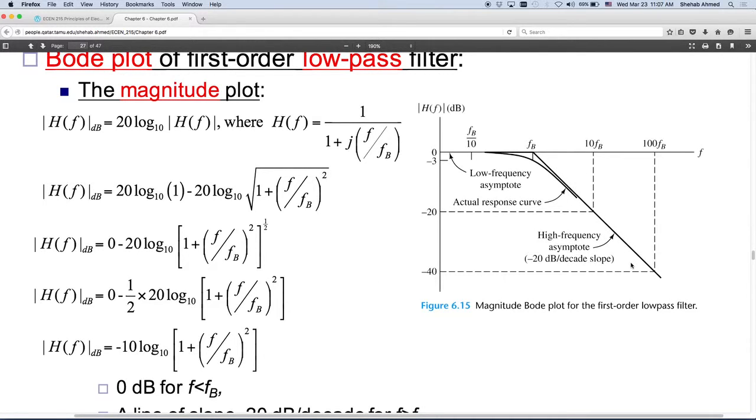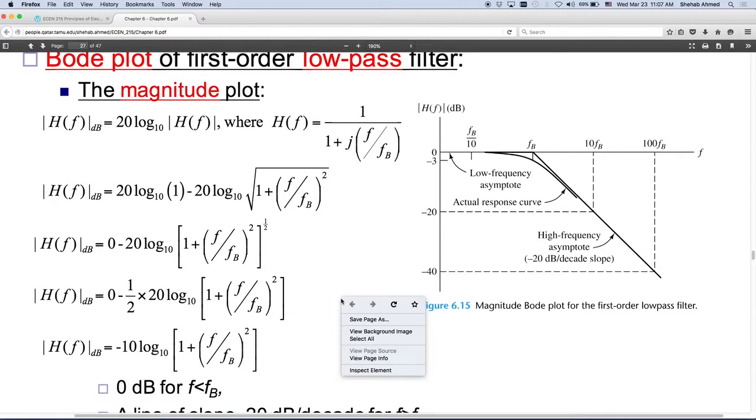And if you keep adding numbers linearly, but then you put them on a logarithmic scale, you will see that they will just maintain a certain slope. It will be a linear change in magnitude with frequency when you draw the magnitude on a log scale, right?